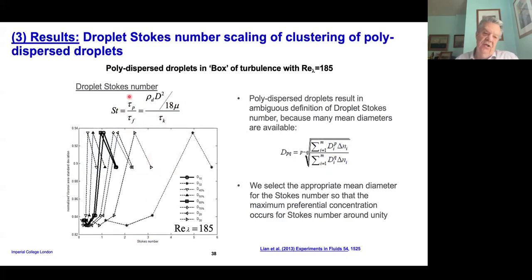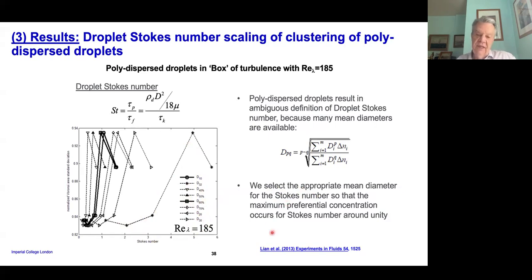And then we need to define what the Stokes number is, which is relevant in order to scale properly the size distributions. So we play with many different mean diameters, and we try to see which one would give you a Stokes number of the order of 1 when you have maximum preferential concentration.